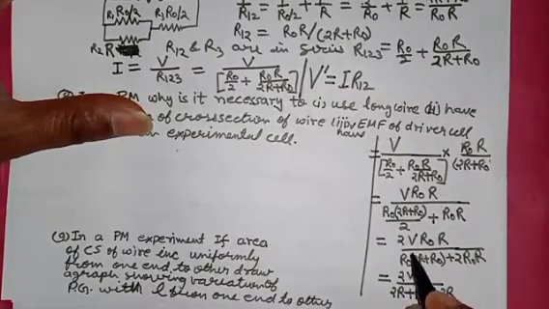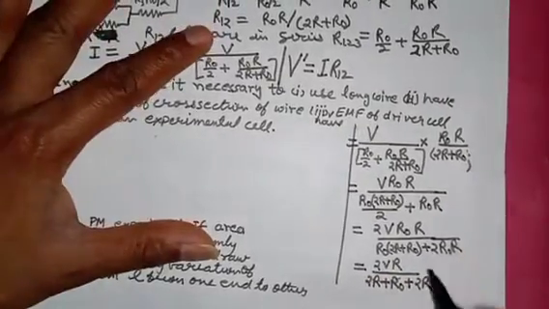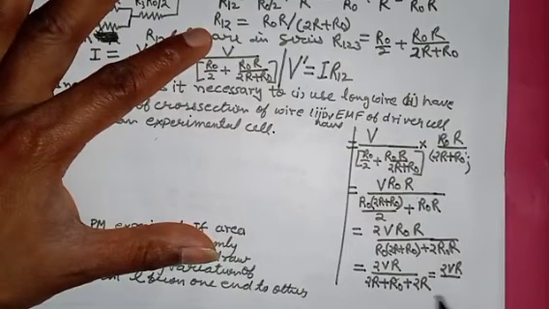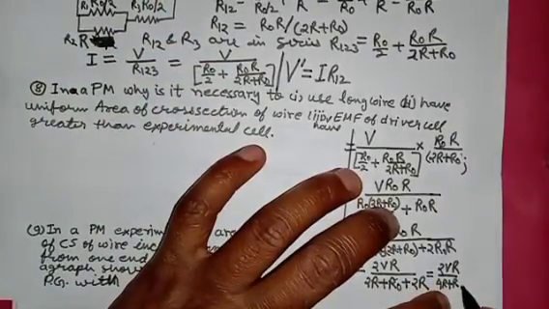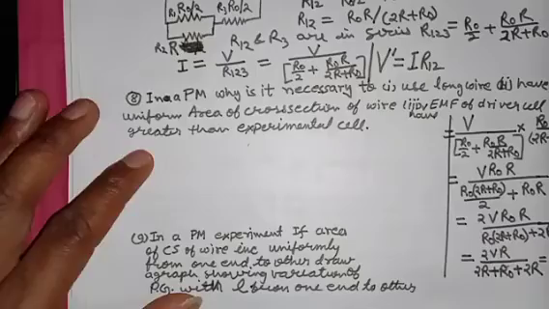Actually this R naught was taken common and cancelled. We can do this mentally. And finally what is left over there is 2VR upon 4R plus R naught. So that's all.